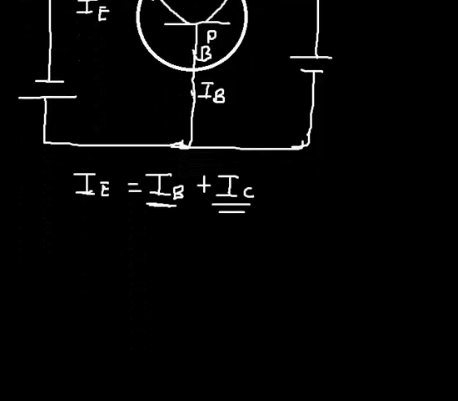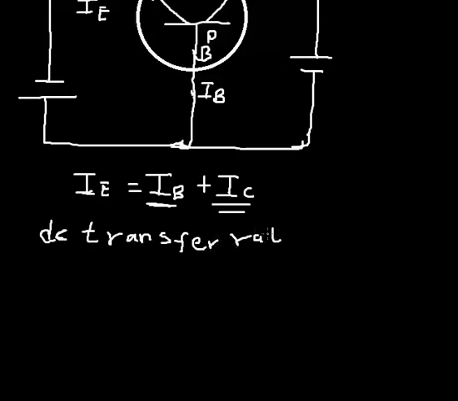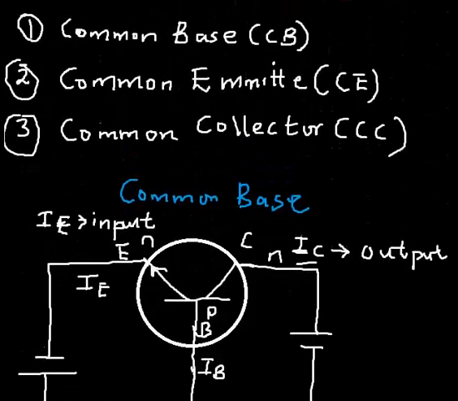So the very first parameter we need to write down is what is known as the DC transfer ratio, the direct current transfer ratio, of a common base configuration.